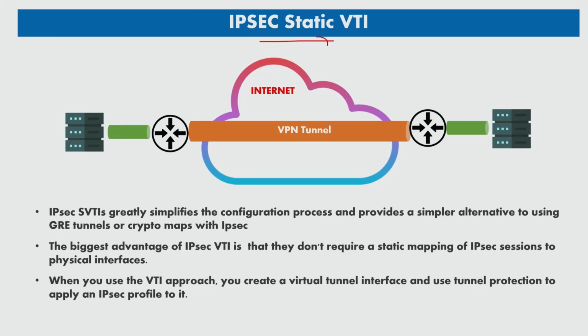Next is IPsec static VTI. When providing protection for site-to-site VPN tunnels, the use of IPsec VTIs simplifies the configuration process and provides a simpler alternative to using GRE tunnels or crypto maps with IPsec. One of the biggest advantages of IPsec VTIs is that they don't require a static mapping of IPsec sessions to physical interfaces.